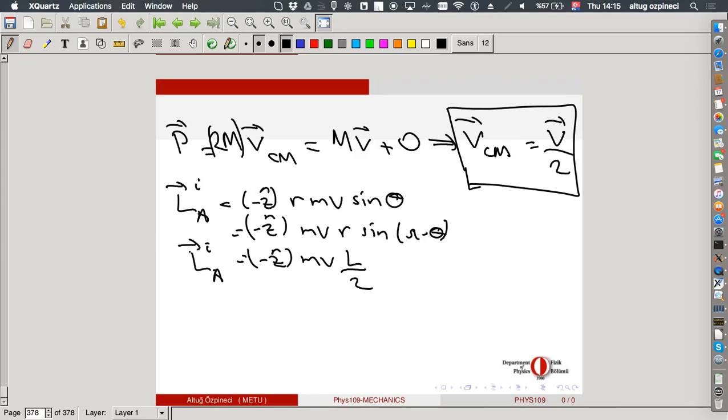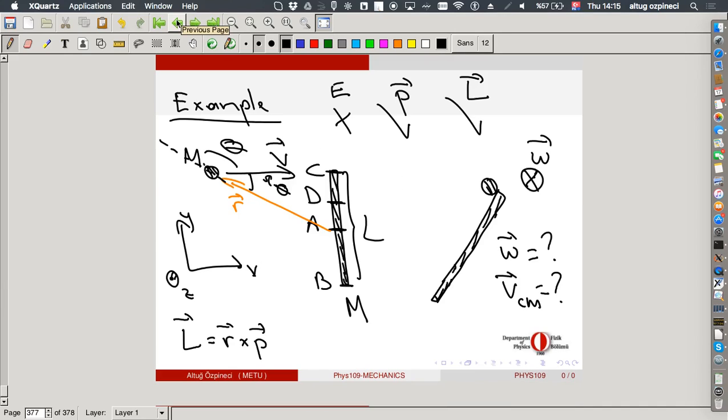Now if you look at this expression, R changes with time. That is the distance from the point A. As the mass is moving towards the rod, this distance is constantly changing. Similarly, this angle is constantly changing. At infinity, it was almost 180 degrees, and as it comes to this point, it's 90 degrees.